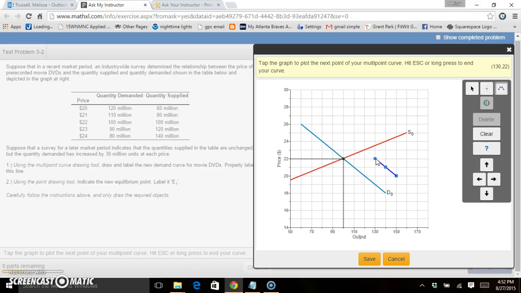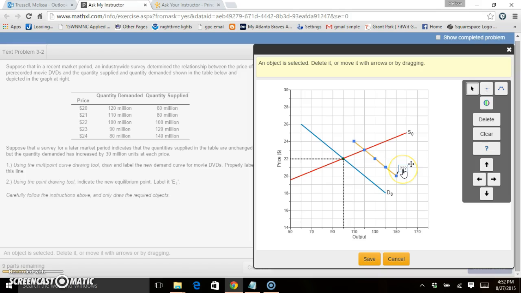And at 23, it used to be 90, so now it's 120. So that'll be right here. You can see 120 is down here, so that's where I'm putting my dot. And lastly, at 24, it used to be 80 million, so now it will be 110 at 24. So that's this dot right here. Okay? And so now I will long press to end my curve as it tells me up at the top.